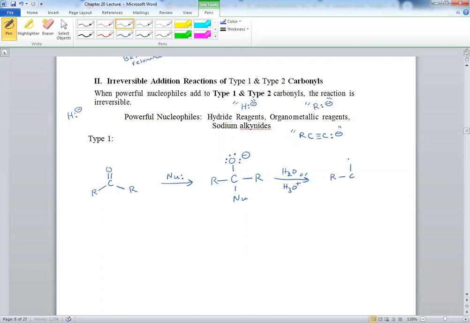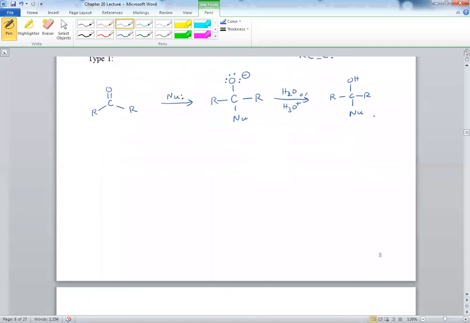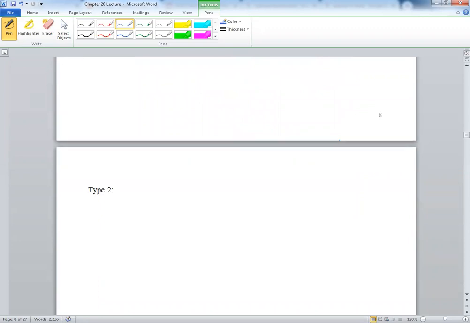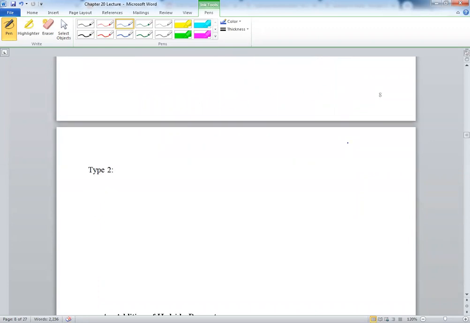And you would form an alcohol. So this is irreversible. Irreversible addition reaction. And type 2, and we already talked about this, where Z is a leaving group, can be replaced.